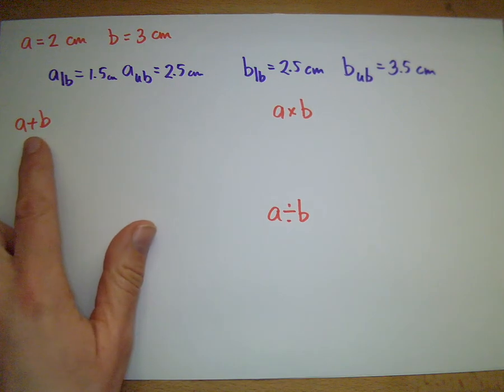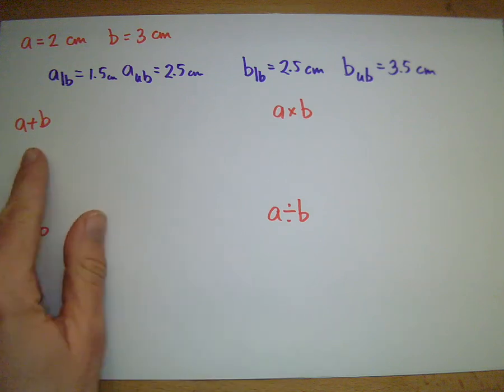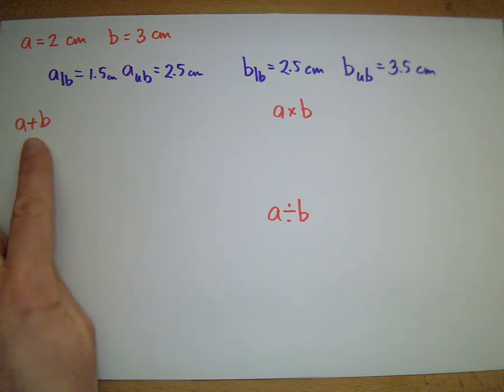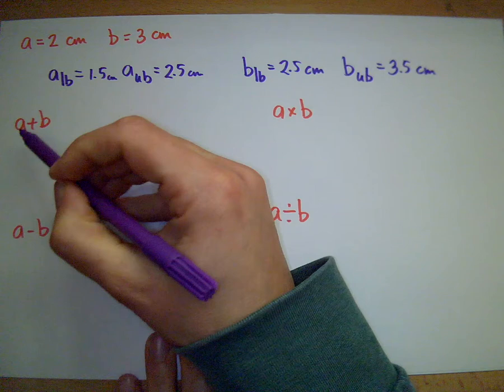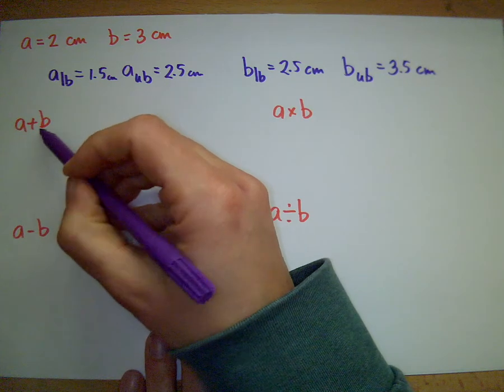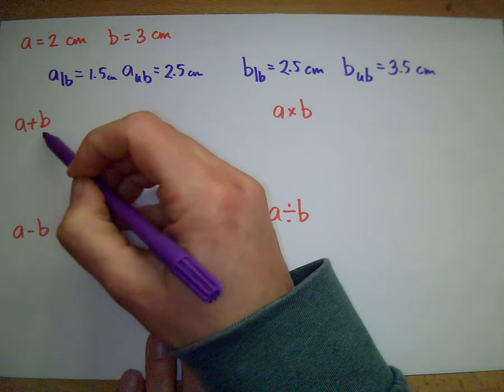A plus B. We add A and B. What is the lower bound of this calculation? Like, how could we get the lowest answer to this calculation? Sorry, I'm thinking. Well, the lowest we would get if A was the lowest and B was the lowest, right?